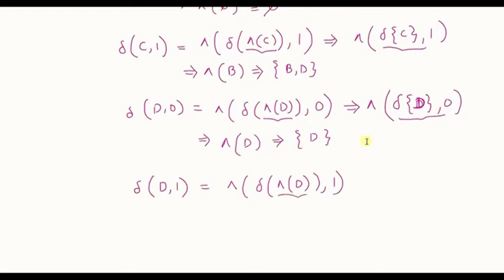We have to find out again E closure of D. We have already found out what is E closure of D. That gives you D itself. So I will be replacing it over here. You are going to get E closure of delta of D on 1.